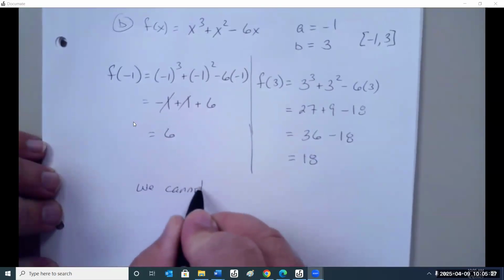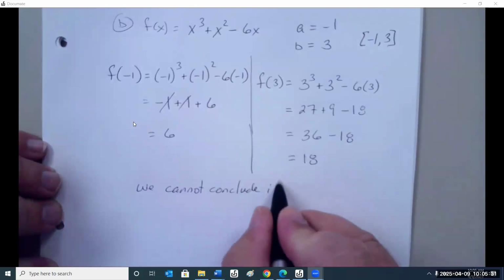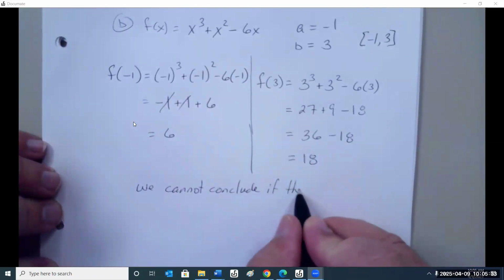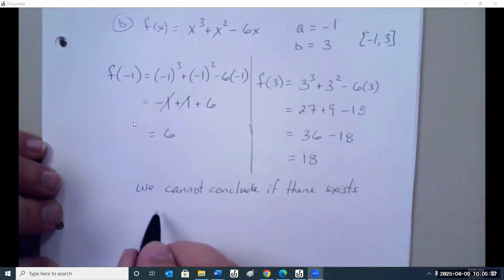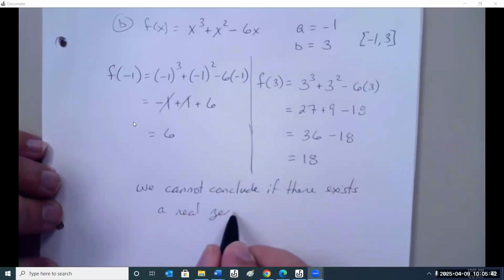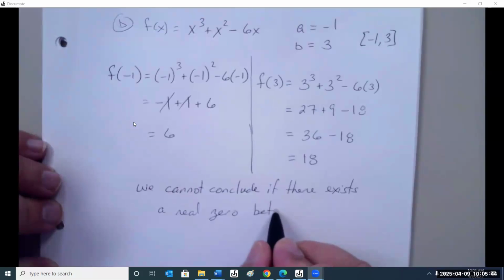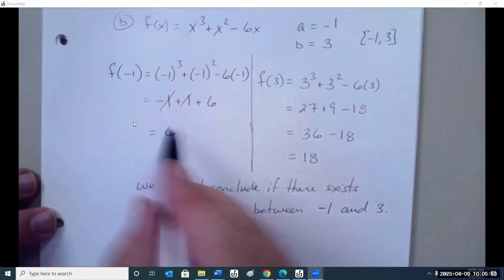We cannot conclude if there exists a real zero between -1 and 3, because they're both positive.